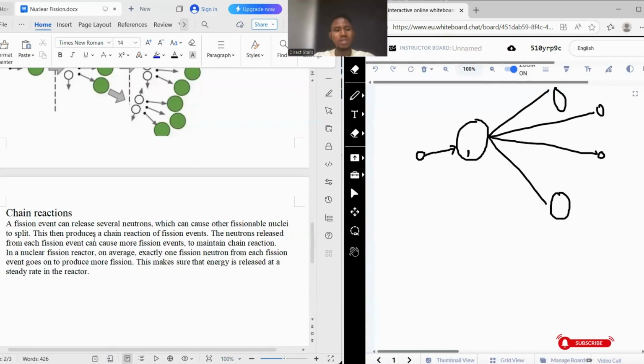So this produces a chain reaction. In a nuclear fission reactor, on average, exactly one fission neutron from each fission event goes on to produce more and more fission. When these also have a neutron collide with them to produce more of this, that is what we call a chain reaction.